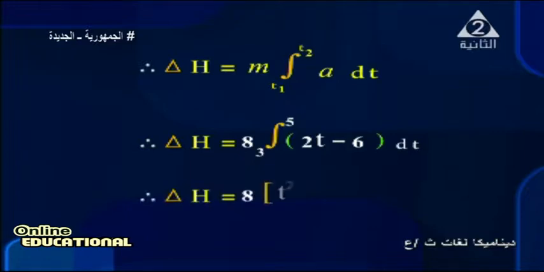Then delta H equals 8 multiplied by the integration of 2t, which equals 2t² over 2. We can simplify 2 and 2 from the numerator and denominator. Then the integration of 2t is t², minus the integration of 6, which is 6t, with the definite integration from 3 to 5. Now we can substitute 5 and 3 in the relation using the definite integral.